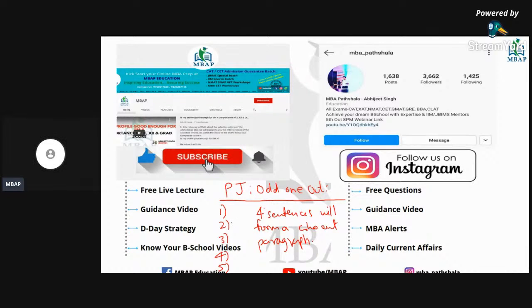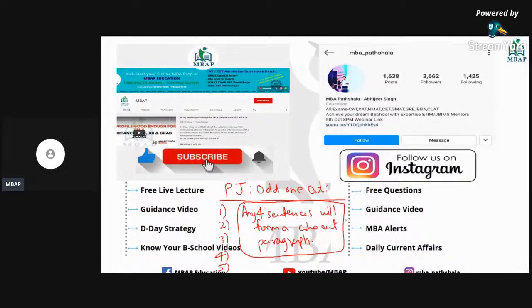In this, out of the given five sentences, any four sentences will form a coherent paragraph, just the way it happens for the first type. What you do in the first case is exactly what you need to do in this case also.